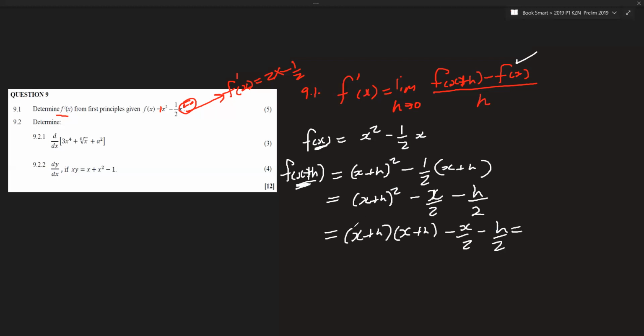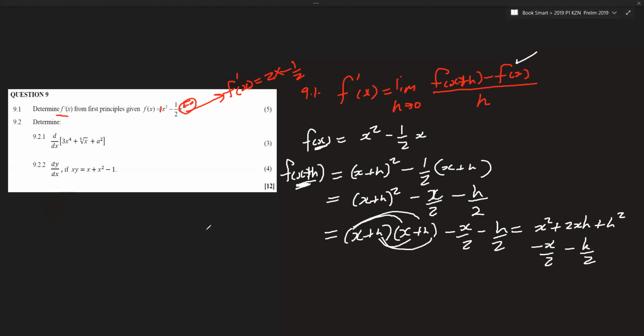And then we're going to start foiling now here. X squared, xh, xh, h squared. We said what? X squared plus 2xh. Now I'm already simplifying. Plus h squared, right? Minus x over 2 minus h over 2.